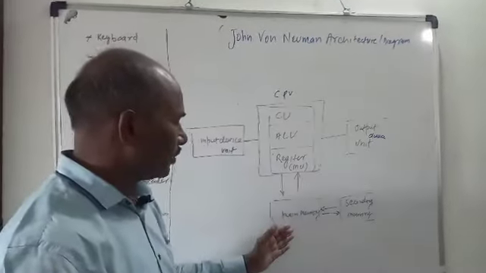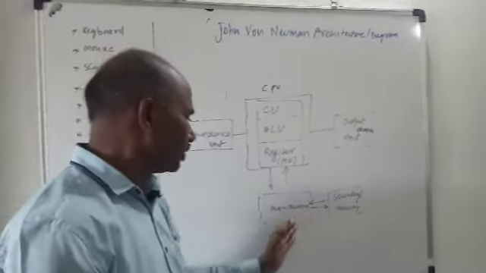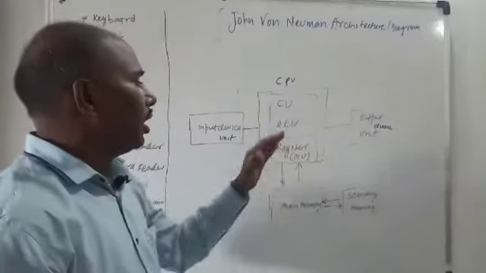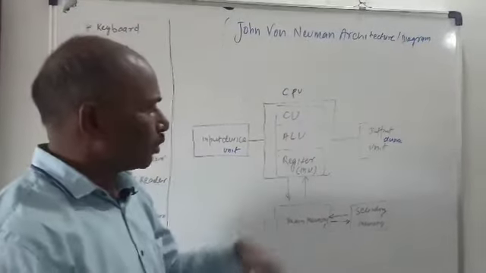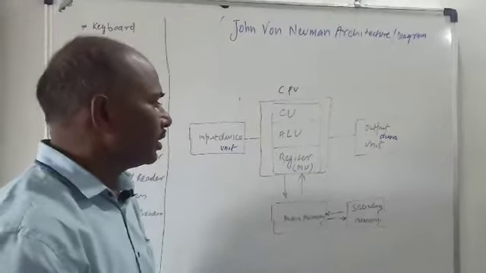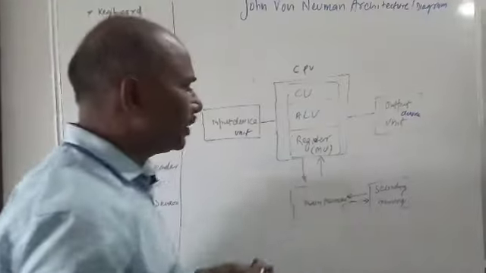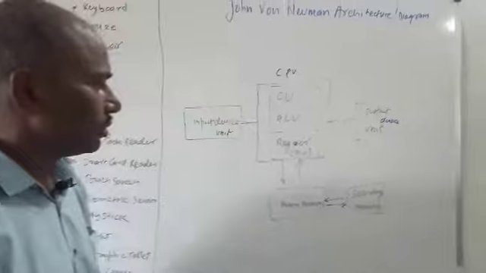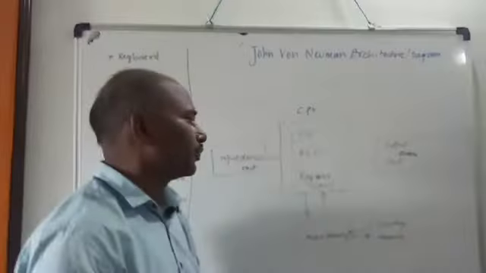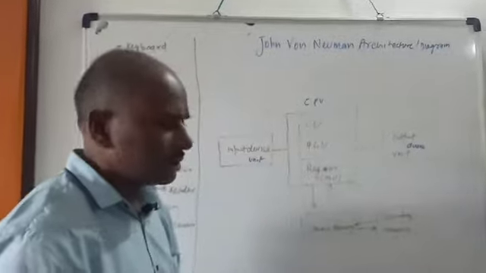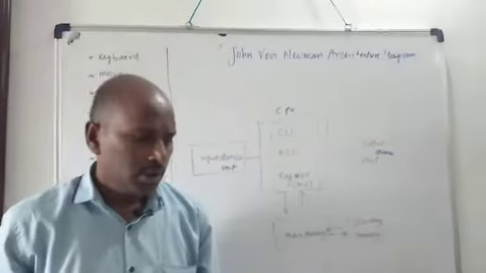Then our secondary memory is in touch with main memory. When processing starts, there is some intermediate result to be stored for a short period of time in the core of the CPU, and this is the register.